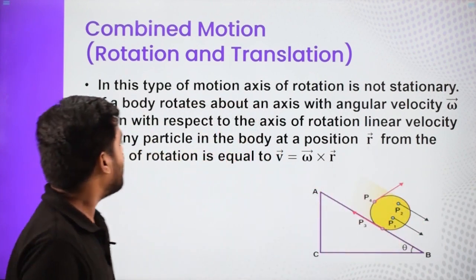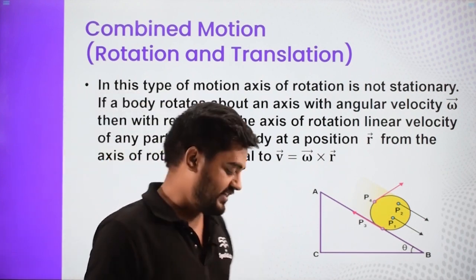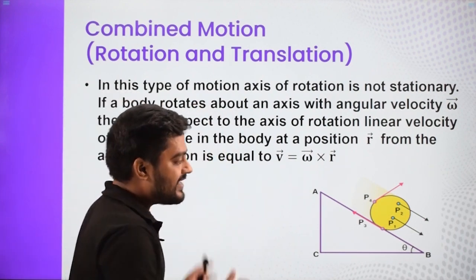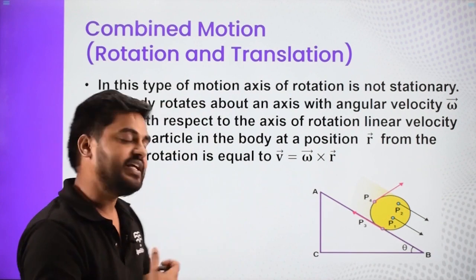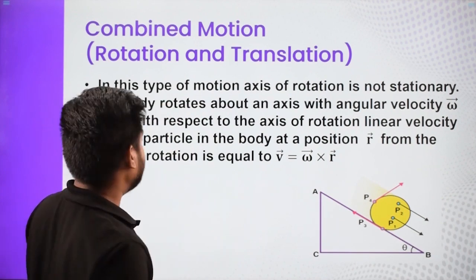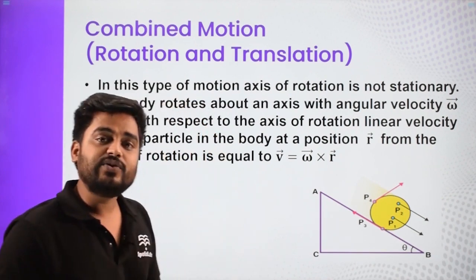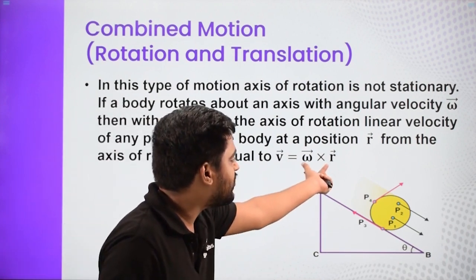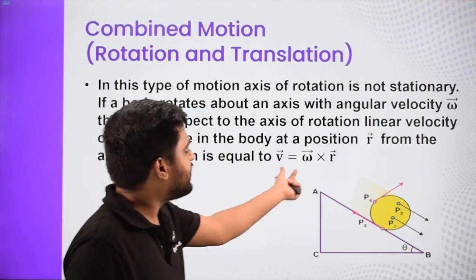So eventually all the particles will have two velocities, one velocity due to translation and one velocity due to rotation. So if the velocity with respect to the axis of rotation is given by omega cross r, right? So v is equal to omega cross r.